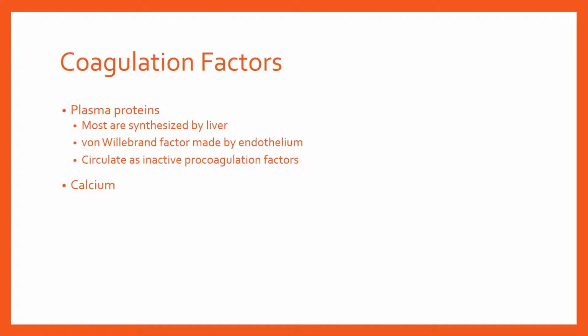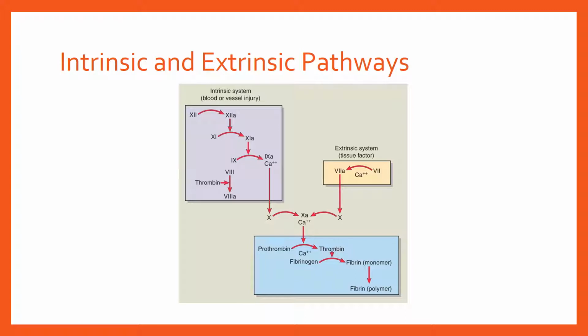And the answer is that the plasma proteins or coagulation factors are actually circulating as inactive procoagulants. So this is a description of the coagulation cascade with intrinsic and extrinsic flow.